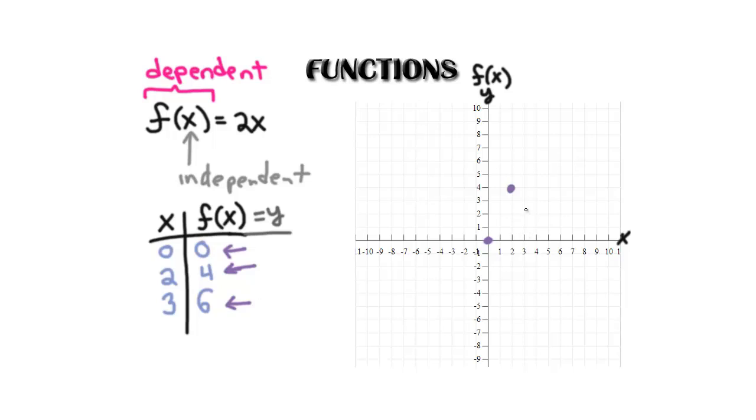So we go over 3 and up 6, and we plot another point there. And if we did it correctly, it should lie right on a straight line here. Okay, and it does, so it looks good. And that's how you make a t-table off of the function f of x equals 2x. Okay, and we're done with this one.